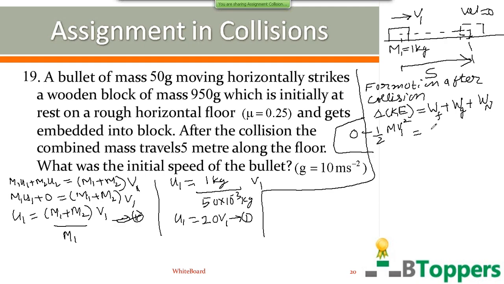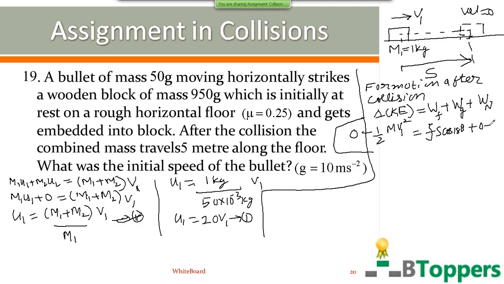Work done by the force of friction will be F s cos 180, because force of friction acts opposite to the direction of displacement. So the angle between the friction and the displacement is 180 degrees.